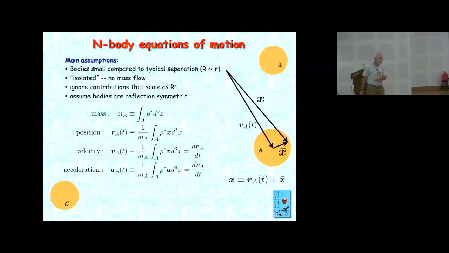So we're going to really treat our bodies as almost point masses, very, very small, ignoring their finite size as much as we can. Turns out there's a simple assumption that really makes a lot of calculations easy. We assume our bodies are reflection symmetric. In other words, you take any plane cutting the body, and the body's the same on opposite sides of the plane. That's certainly true for a spherically symmetric body, true for an axially symmetric body.